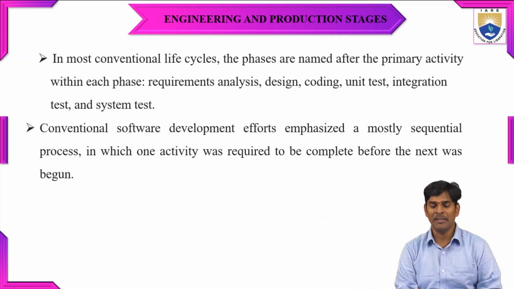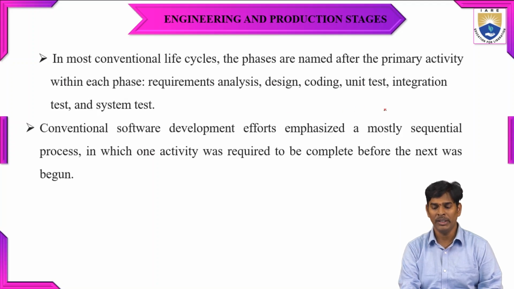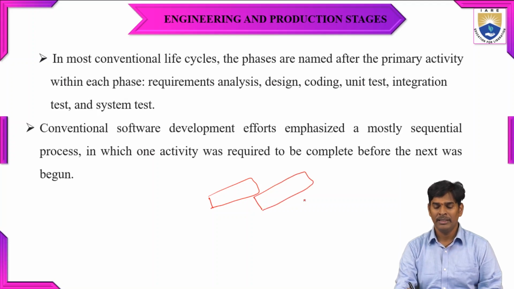In most conventional life cycles, the phases are named after the primary activity. So in the conventional, the phase is named after completion of the primary activity in each and every phase. We know that in the conventional we have requirement analysis, the design part, coding, unit and integration testing, and finally system testing. First it will take the analysis. After completion of the analysis, it goes to the design part, then the implementation, or we can call it coding.